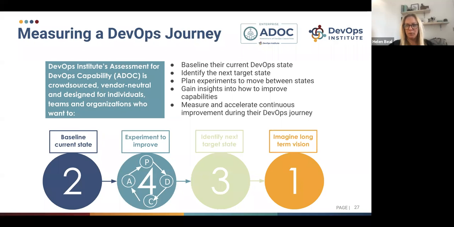You can start where you are with an assessment, but understand where you are. So baseline the current state, identify the next target state, and then these assessments will give you insights into how to prioritize the experiments to get in between the states, and you'll gain insights into how to improve each of these capabilities. And importantly, this allows you to measure your journey of improvement.